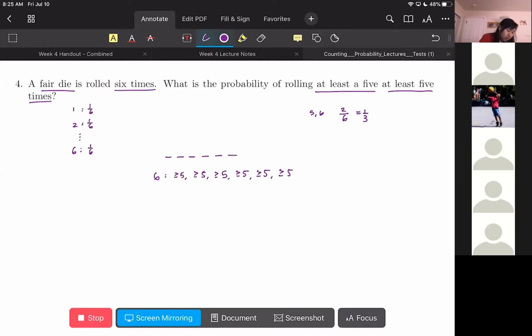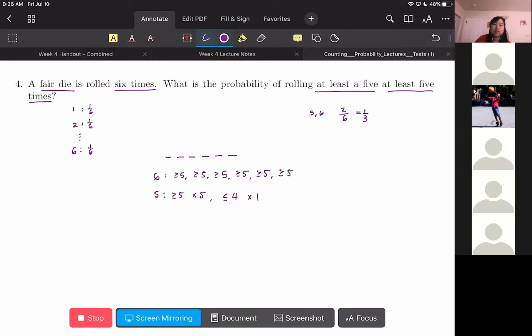The other possibility is we roll at least a 5 only 5 times. So basically that means we have, let's say 5 rolls that are at least 5, and then one roll where it's 4 or less.